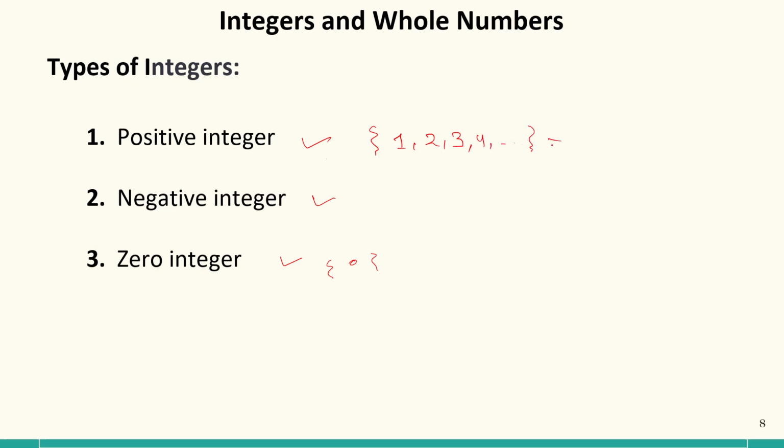This is the natural number set. These two are the same, and its negative counterpart is the negative integers, like -1, -2, -3, -4, and so on. This set is called negative integers, and the natural number set is also called positive integers, and the zero integer is the number 0.